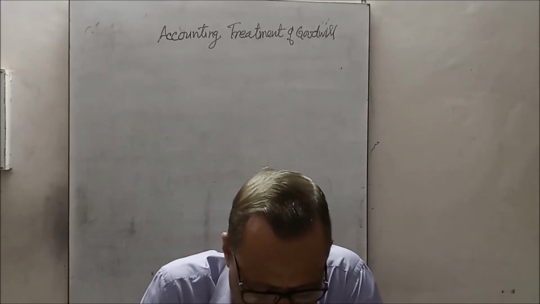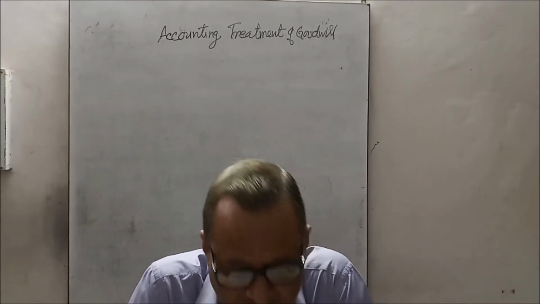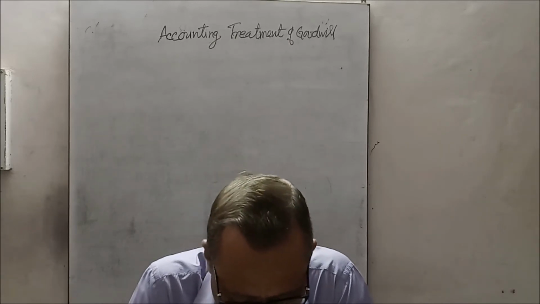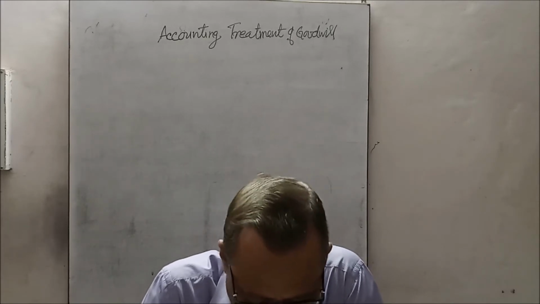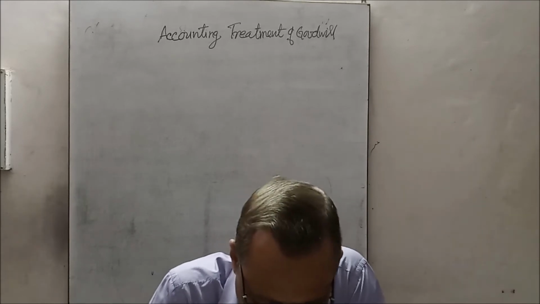Z acquired his share from K and Y in a 2:3 ratio. Z brought rupees 80,000 for his capital and rupees 30,000 for his 1/3 share as premium for goodwill.